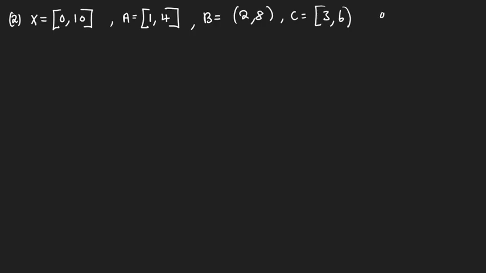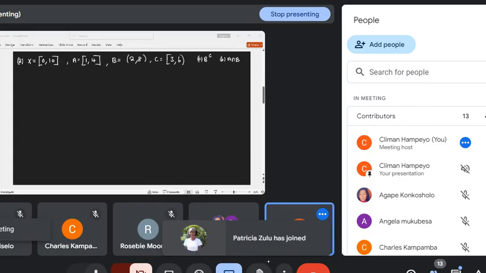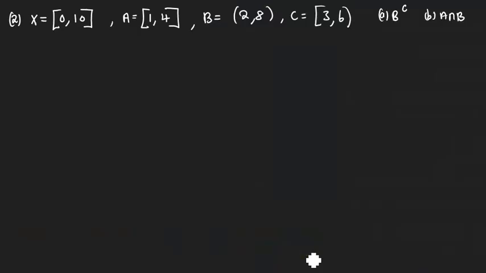So the first operation is A, B complement, okay, like that. The second operation is A intersection B. Okay, C, they're saying we have A intersection B complement.